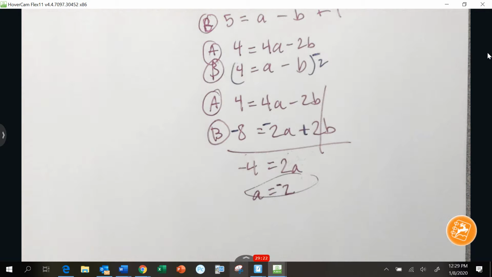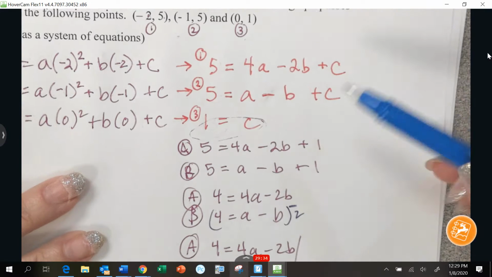What should we do now? Plug them in where? To the first equation. The first original equation, this one here in red.